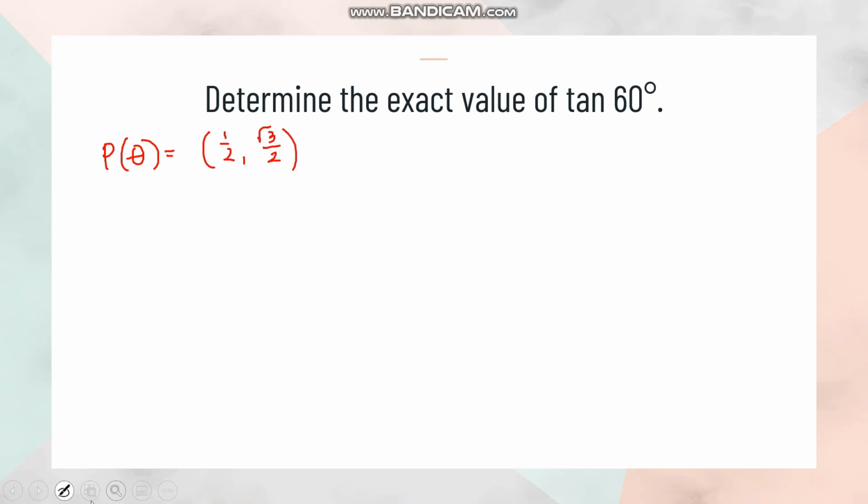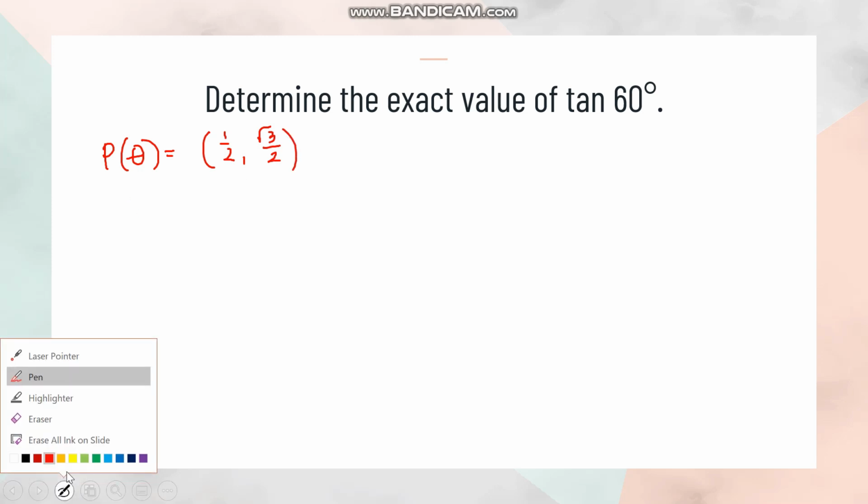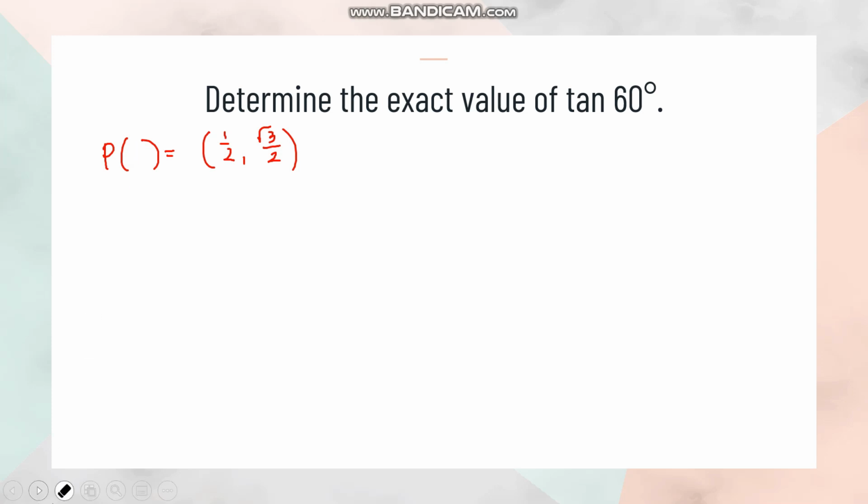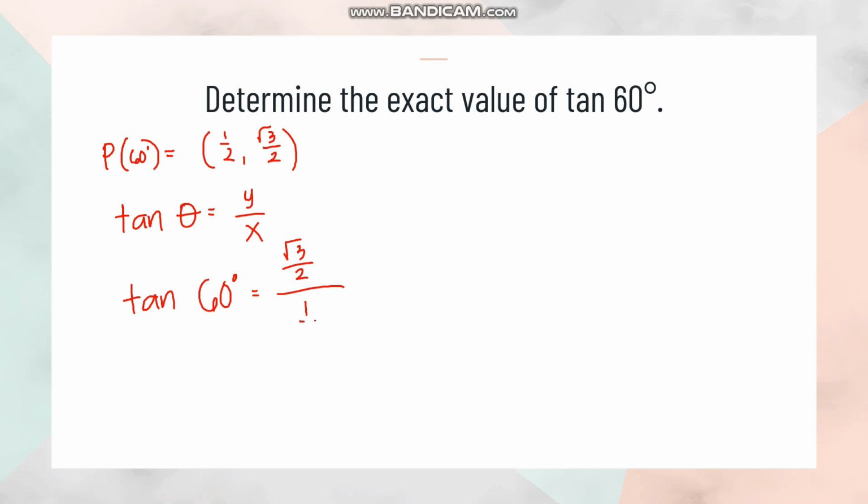By the way, the theta that we're using is 60 degrees. And as we know, to get the tangent of theta, it's y over x, so the y coordinate over the x coordinate. To get tangent of 60 degrees, you just have to divide y, which is square root of 3 over 2, by the x coordinate, which is 1/2.